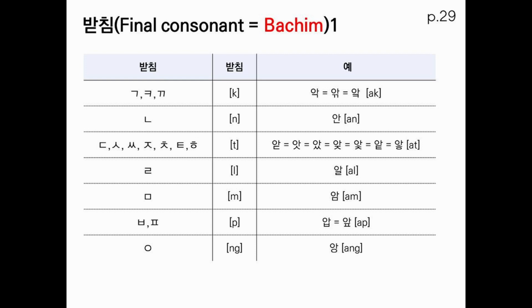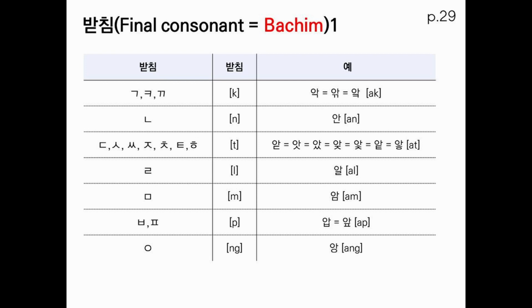받침 ㄷ, ㅅ, ㅆ, ㅈ, ㅊ, ㅌ, ㅎ. Although these consonants have different sounds in the basic form, when they become 받침, they all produce the sound of English T. For example, 앋, 앗, 앚. All produce the T sound when they have a 받침. 받침 ㄹ.